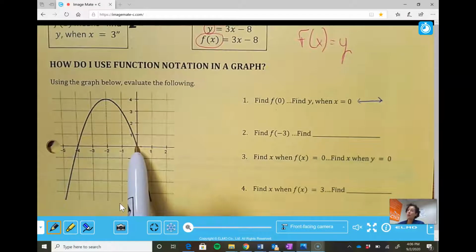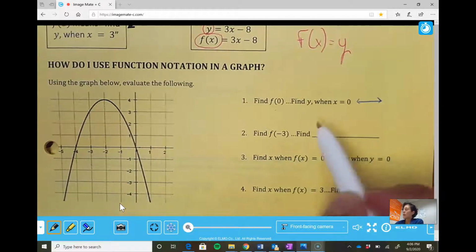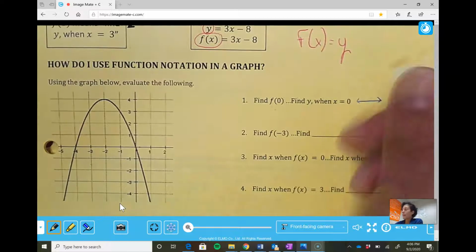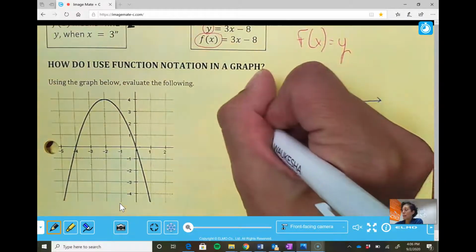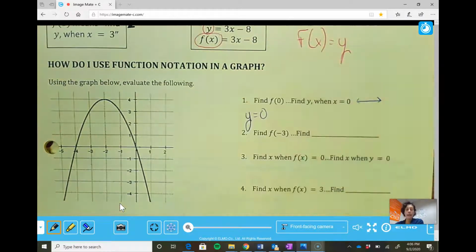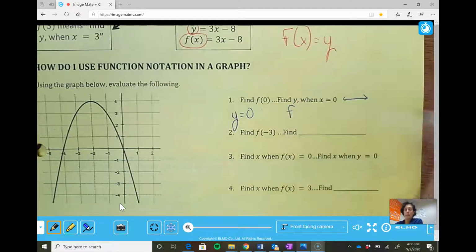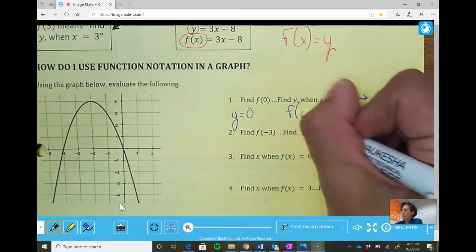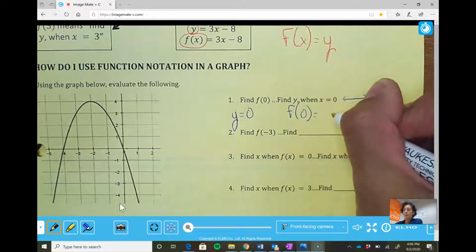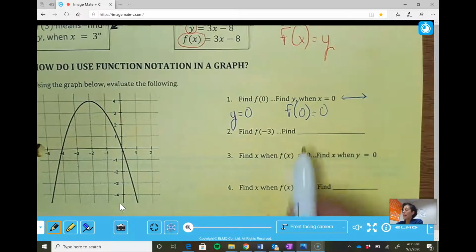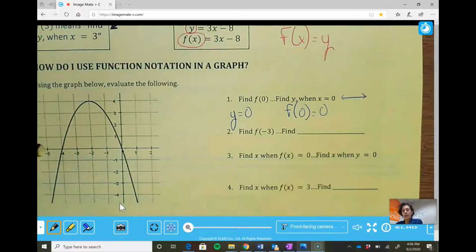And I'm actually on the graph, so I don't even have to move. So we are technically finding y, and we're going to write it this way. Last chapter, we wrote it like this, y is 0. But now we're going to write it, my function, when x is 0, is 0. So this is saying if x is 0, y is 0.